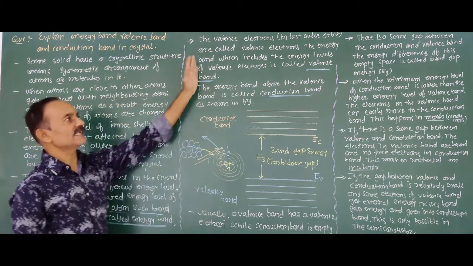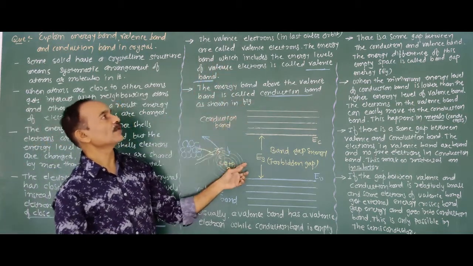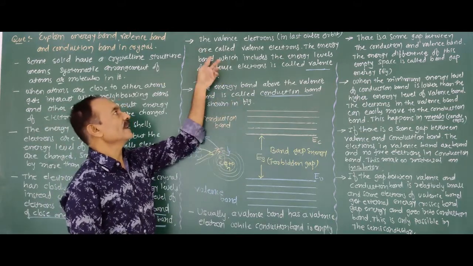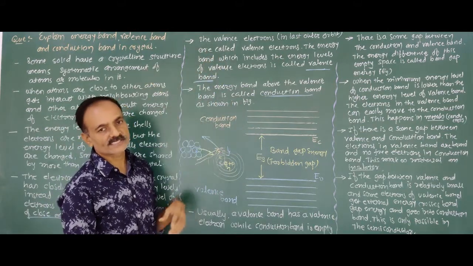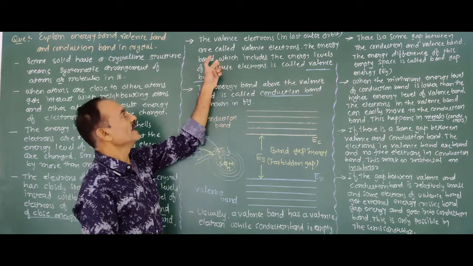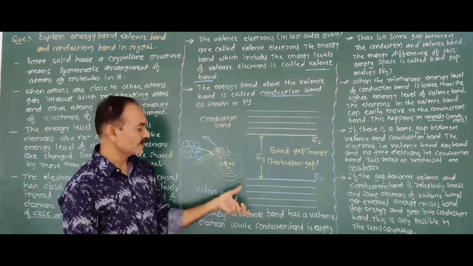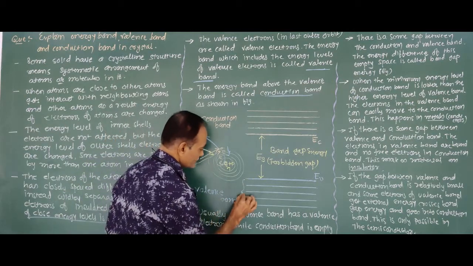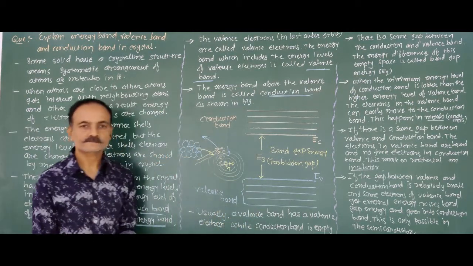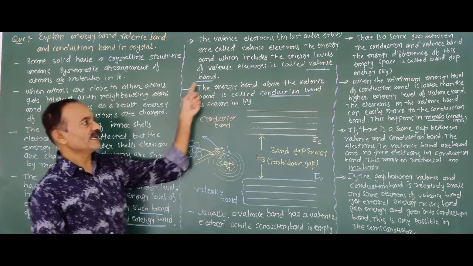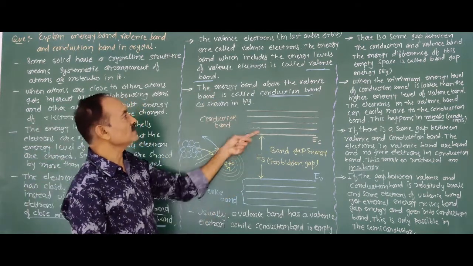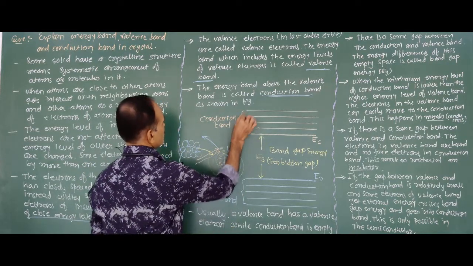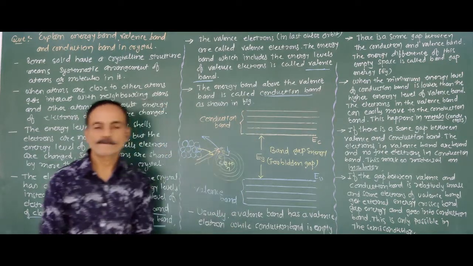Again, the valence electrons are in the last outer orbit of the atom. The energy band which includes the energy levels of valence electrons is known as the valence band. The energy band above the valence band is known as the conduction band.